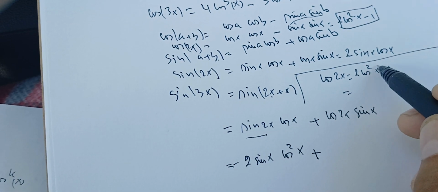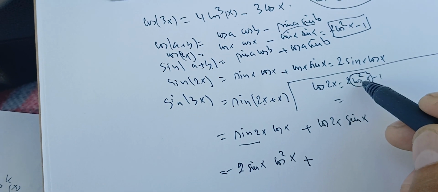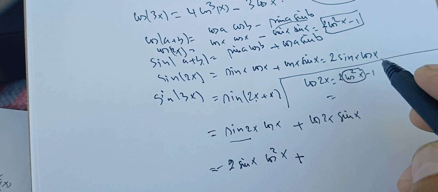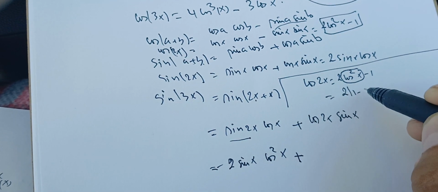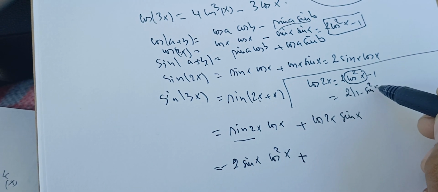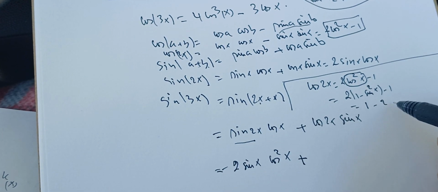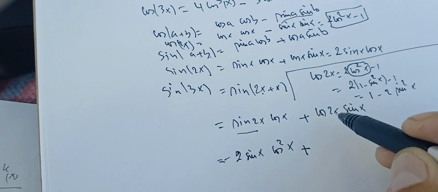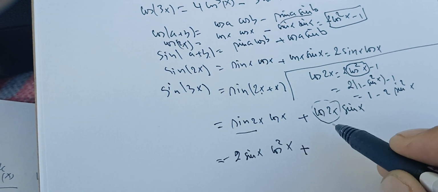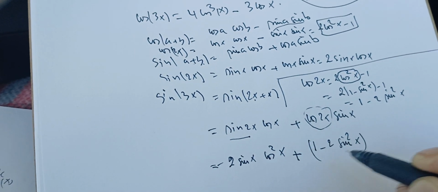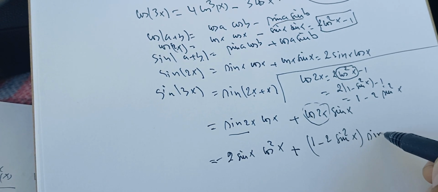So I switch here, knowing that cosine squared of x is 1 minus sine squared of x. So I have 2 times 1 minus sine squared of x, minus 1. What do I get? I get 1 minus 2 sine squared of x. So I'm going to use it here to write 1 minus 2 sine squared of x times sine x.